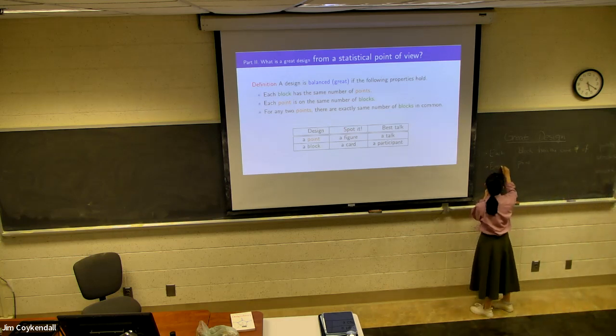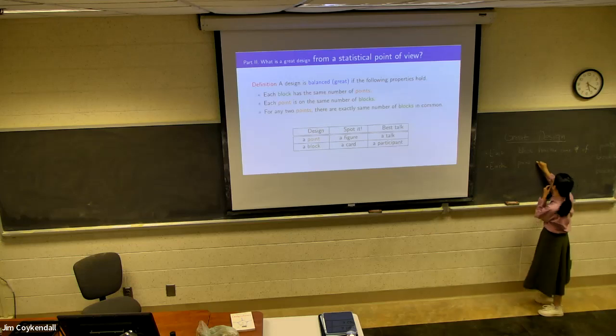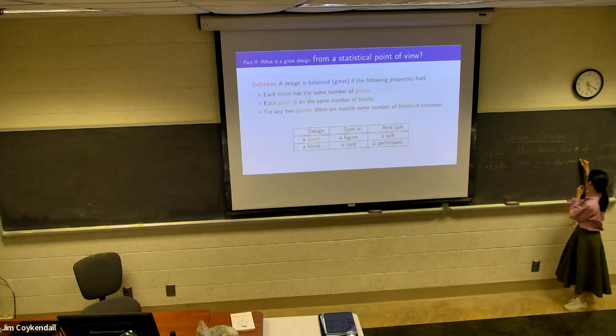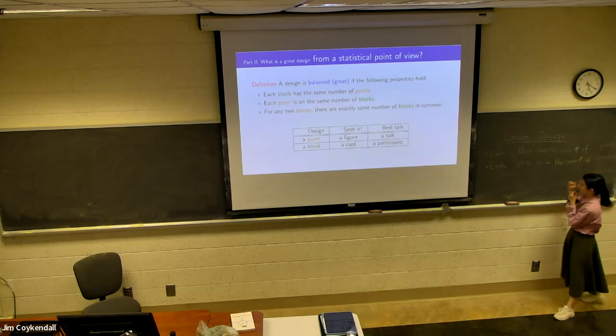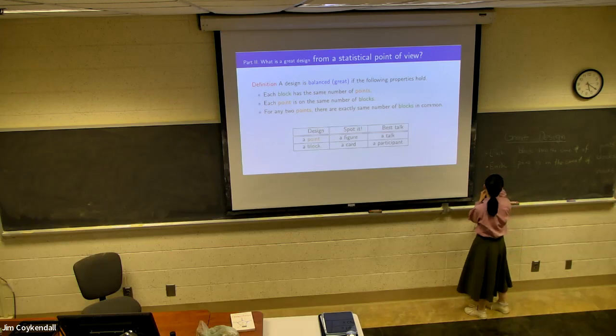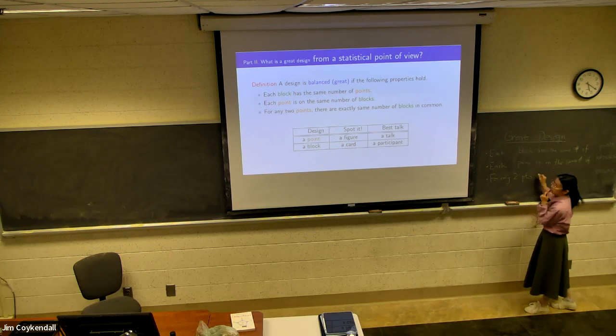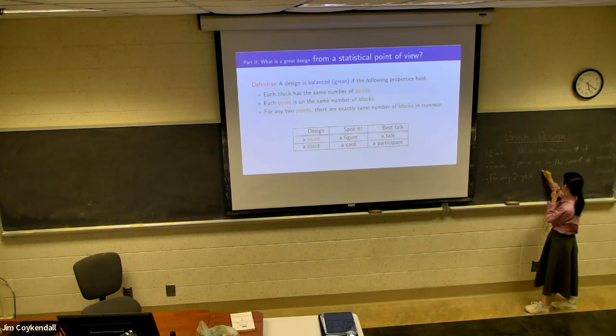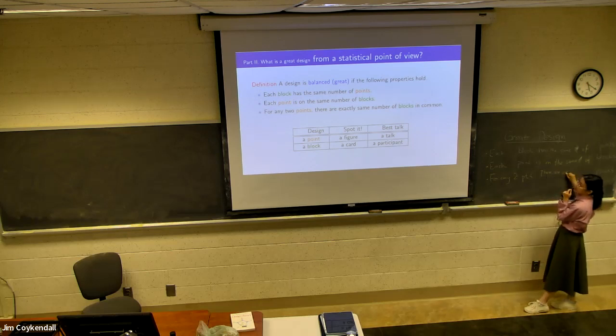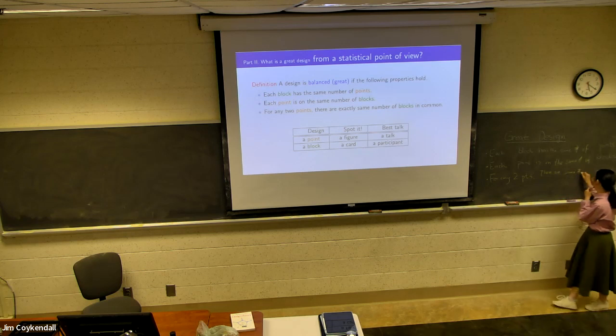The second one is each port is on the same number of blocks. And the next one is for any two ports, there are exactly the same number of common blocks.